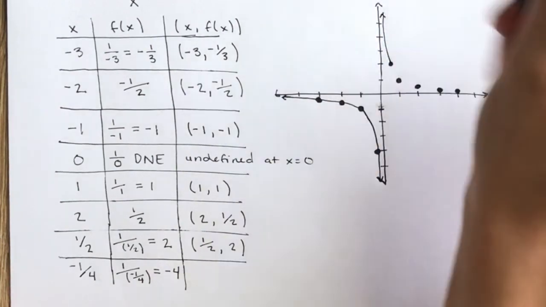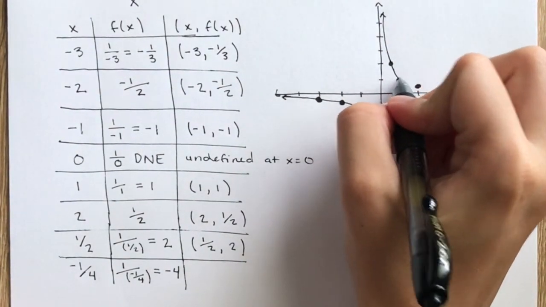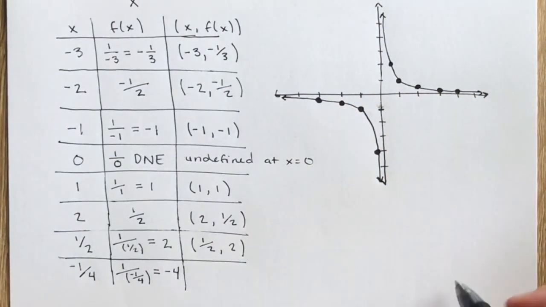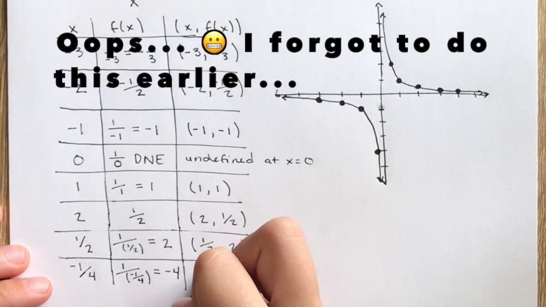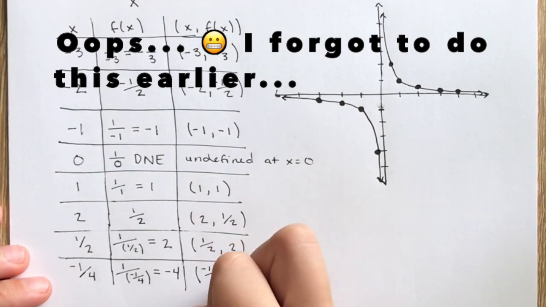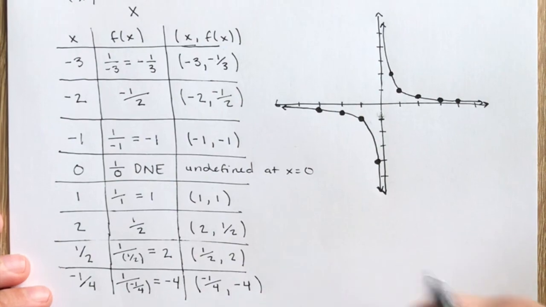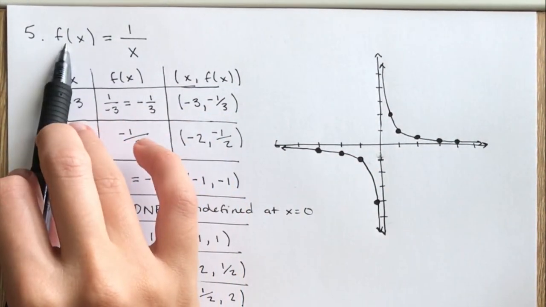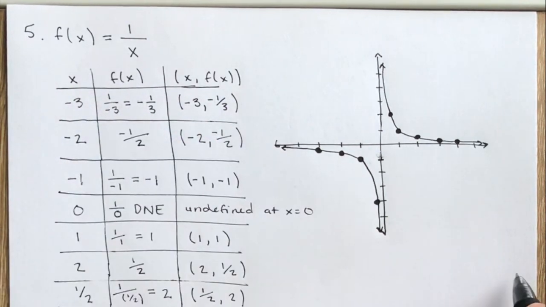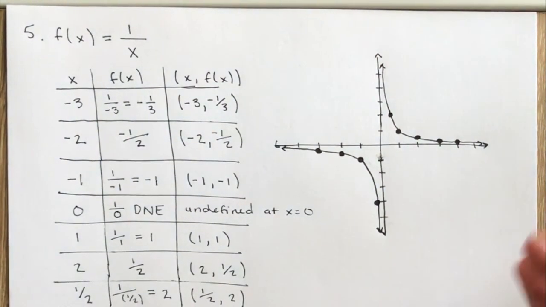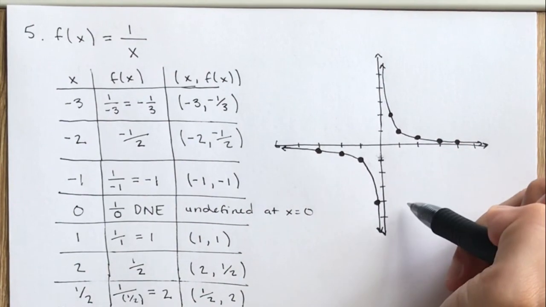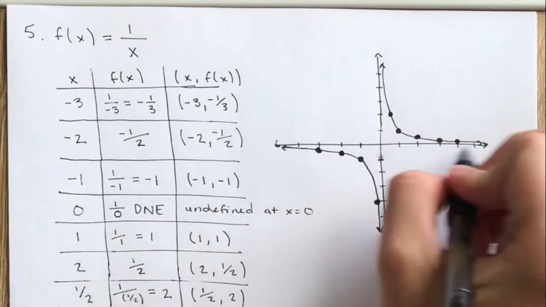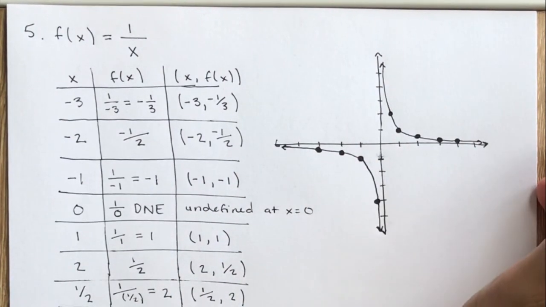And same thing here. Looking like that. This is the graph of the function f of x equals 1 over x. I didn't necessarily expect y'all to know that it was going to look like this, but we're going to talk a lot about what's happening here and here in a couple of days.